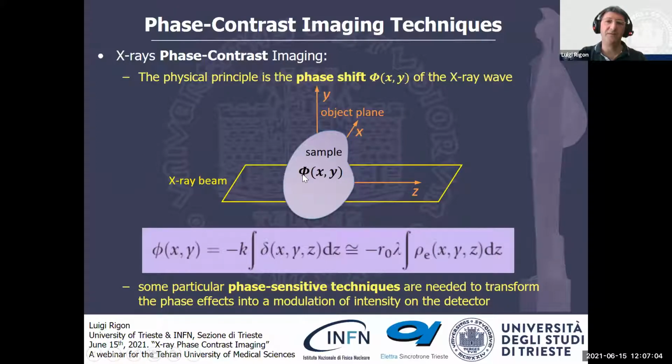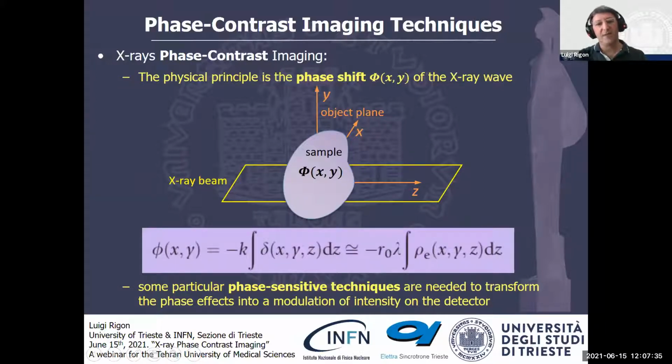The phase shift, indicated here with phi, is a function of the object plane coordinates x and y, while z is the beam propagation direction. And this phase shift can actually be written as an integral of delta along the beam propagation direction. And in turn, delta is proportional to the electron density.